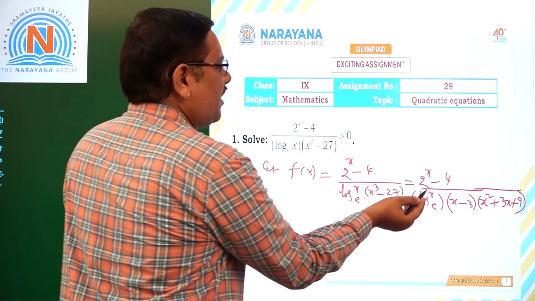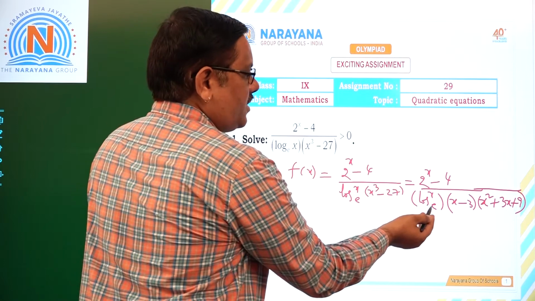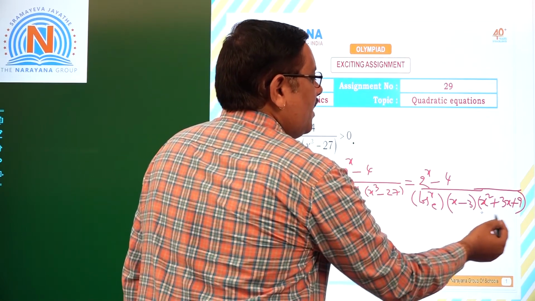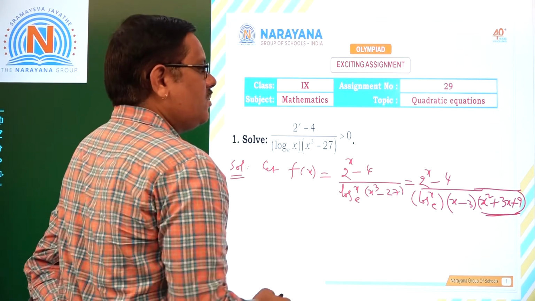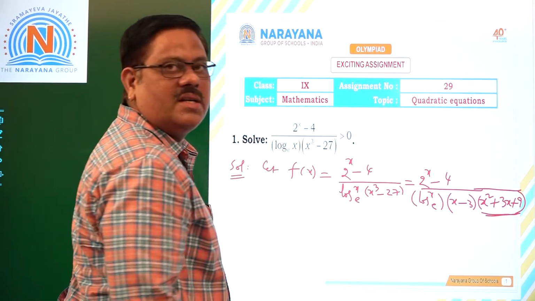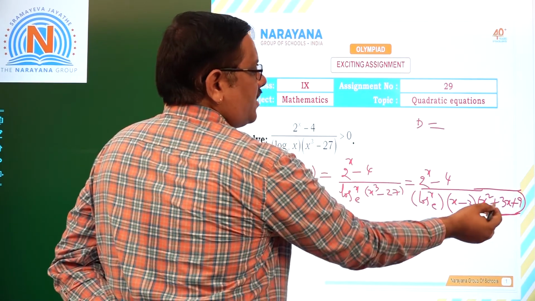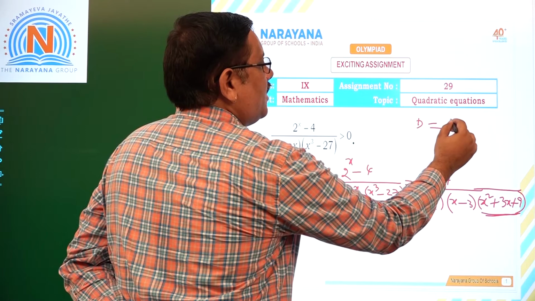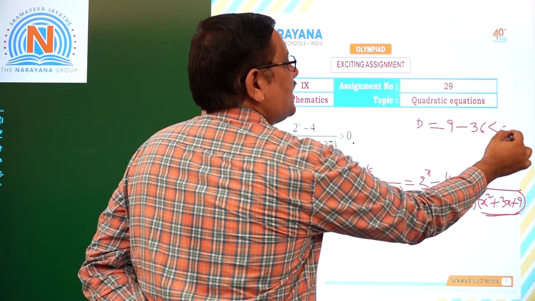Now, if you look at the linear factors, 2 power x minus 4, that is the numerator, log x base e, x minus 3, and we have x square plus 3x plus 9. X square plus 3x plus 9, if you observe, cannot be further factorized. Why? Because the discriminant of x square plus 3x plus 9 is b square minus 4ac, that is 9 minus 36, which is less than 0.